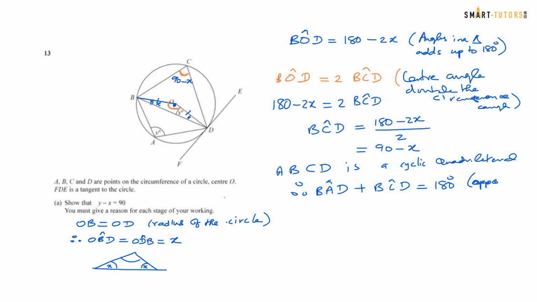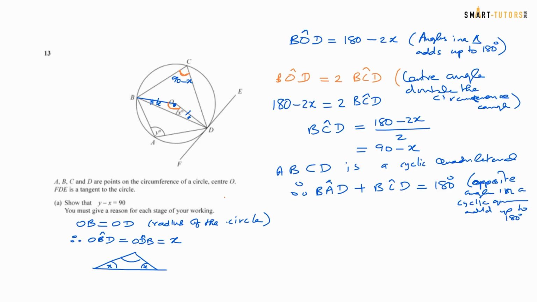Therefore BAD plus BCD equals 180. That's the reason: opposite angles in a cyclic quadrilateral add up to 180.